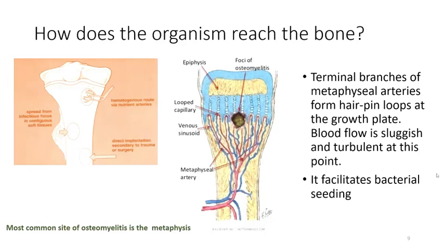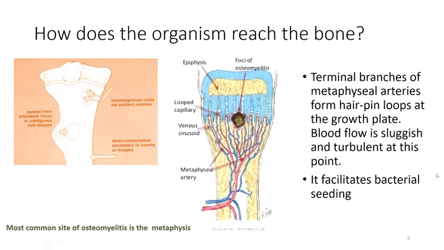And something important you have to remember is that most of the time the osteomyelitis is at the metaphysis of the bone, if that is of a long bone. There are many reasons for that. The main reason is, if you can remember the blood supply of long bone, it enters at the metaphysis, and at the growth plate, these arteries bend like a hairpin into the venous system.